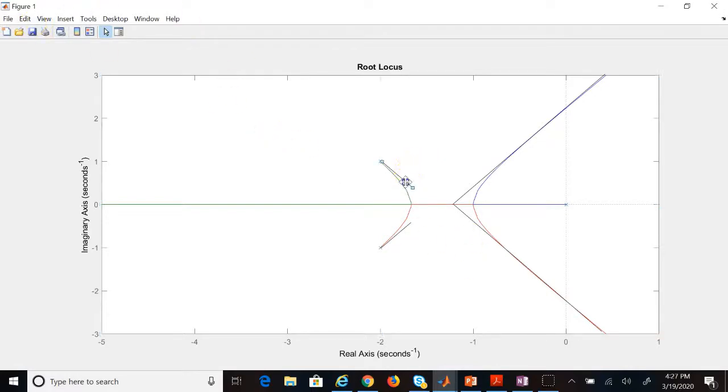So if I get another line from here, so if I draw the horizontal axis temporarily here, this angle between, so that is pole P2, this angle between the tangent to the root locus and the horizontal, what is that angle? That's negative 63.